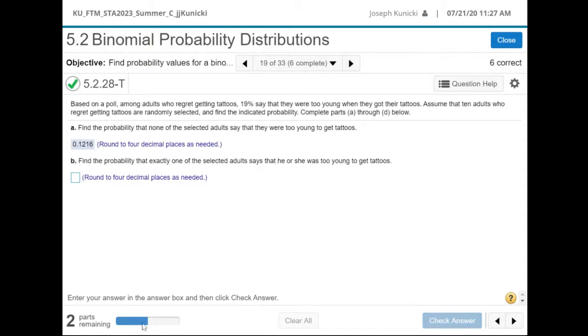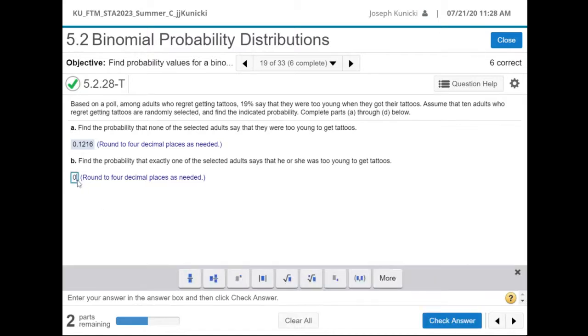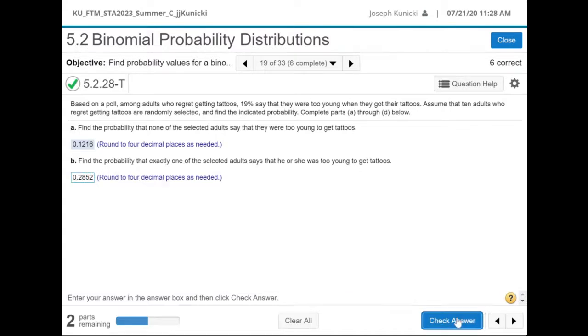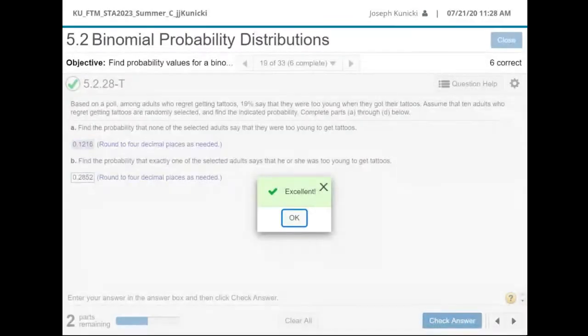So I go back to StatCrunch and I just put x equals 1 and I hit compute and I get 0.2852. So I come back to the problem and I put in 0.2852, check answer. So you see, I just go back and forth between the two screens and calculate the probabilities.